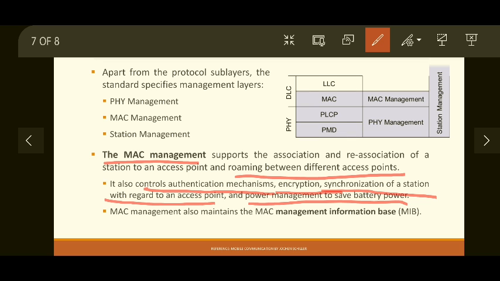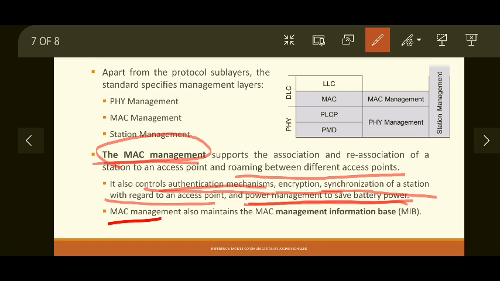So to save power, power management schemes are deployed, and that is implemented in the access point. So the MAC management layer handles all these things like the authentication mechanism, that means when you connect to a new access point, if it is not open to access, then you will have to authenticate yourself and your data will be encrypted, and that encryption mechanism will also be provided by the MAC management layer.